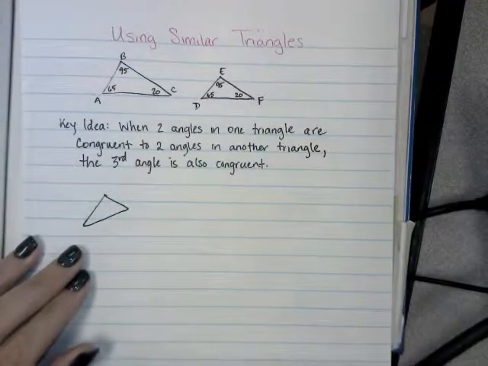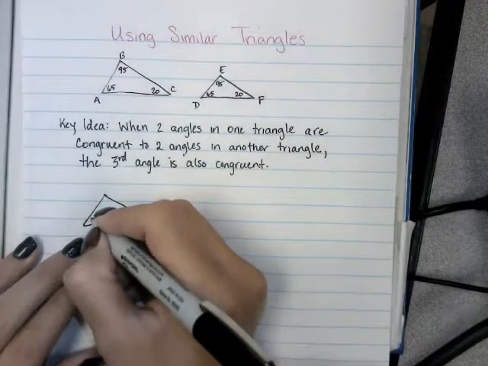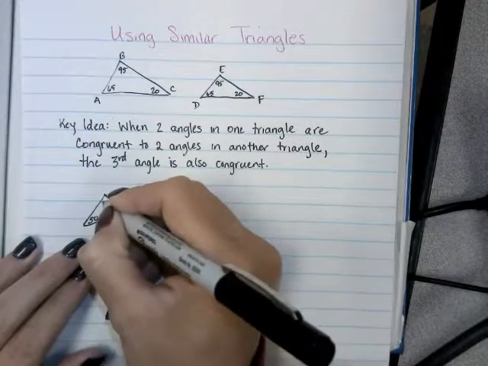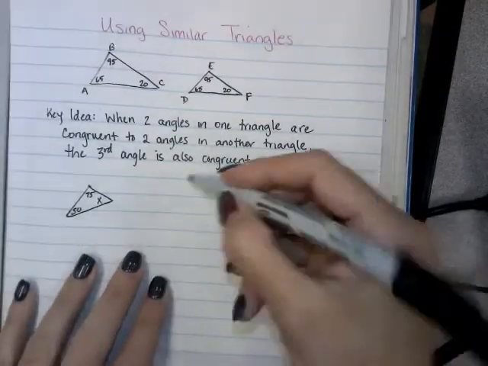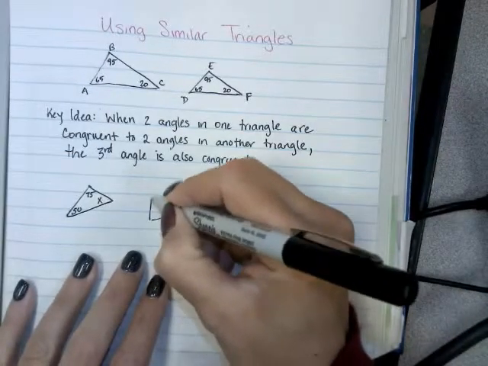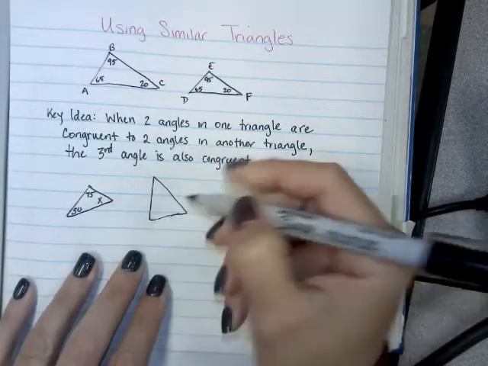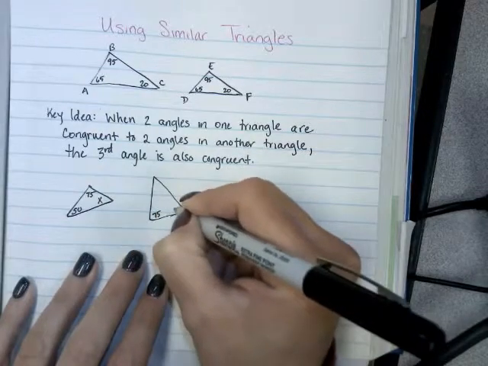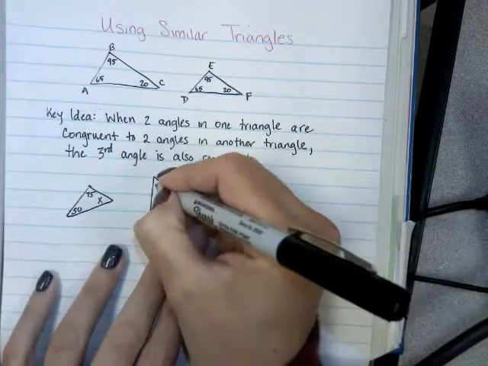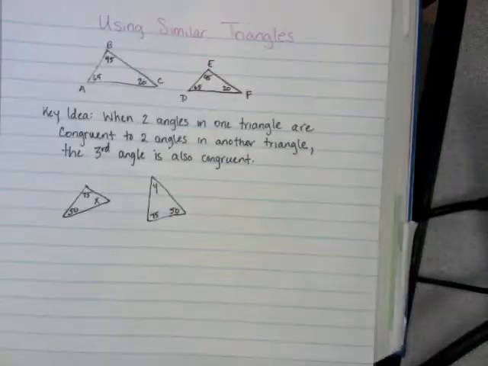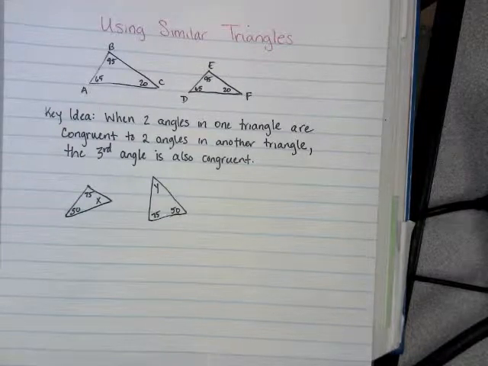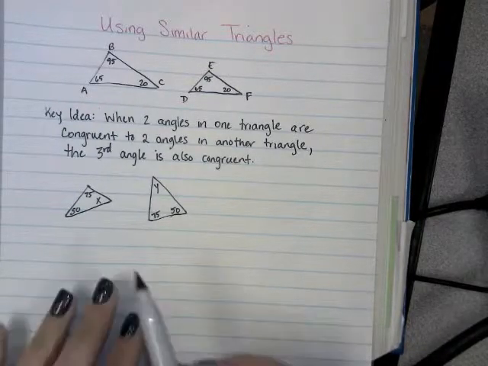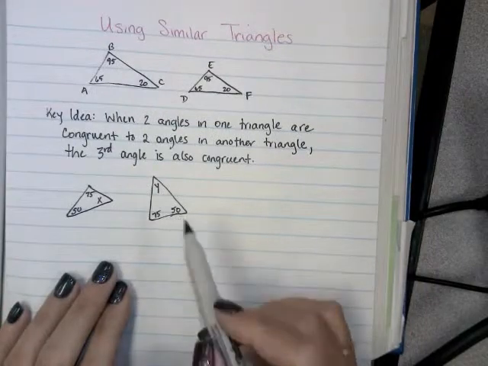If I have a triangle and its angles are 50, 75, and X, and then I have another triangle whose angles are 75, 50, and Y, I know right away that the two triangles are similar because they have two angles that are the same.